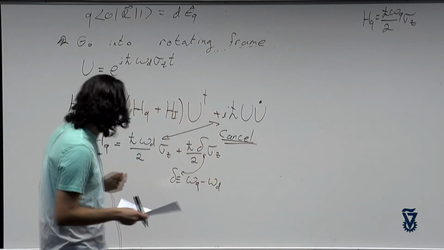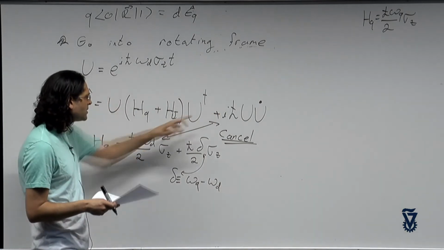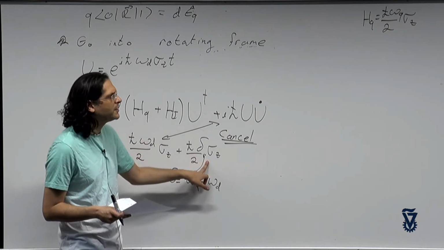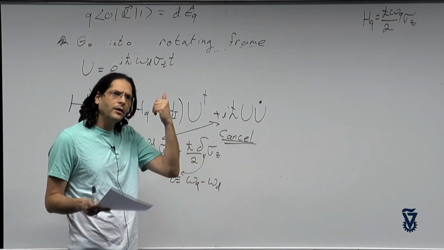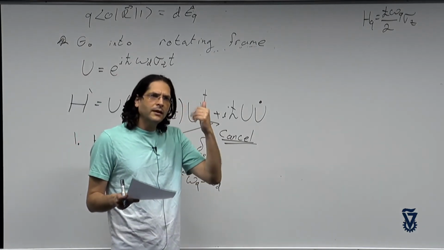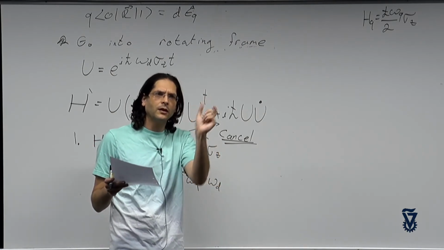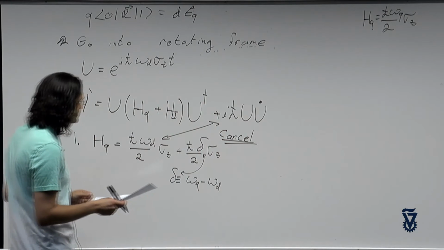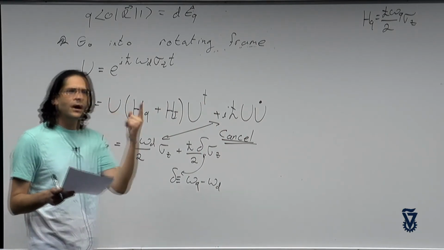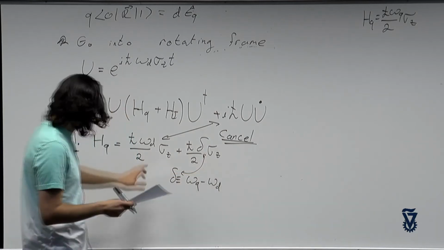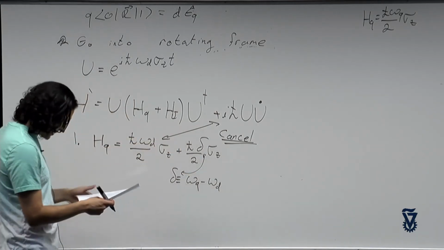So these two are going to cancel out in the rotating frame, and we're just going to be left with the detuning. If you remember our quantum spin, it's kind of the same. You detune and you get this extra rotation around the z-axis. So this is where it comes from in this.